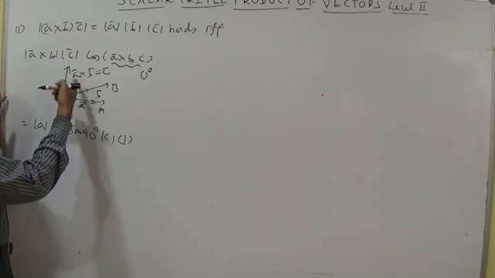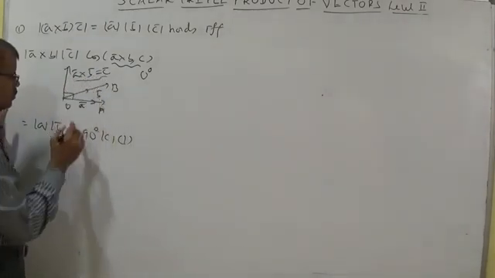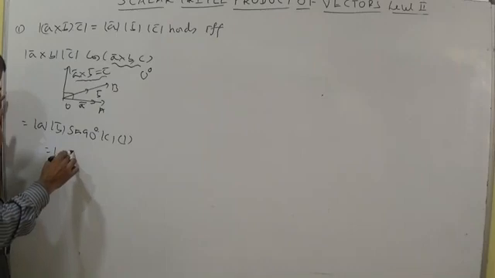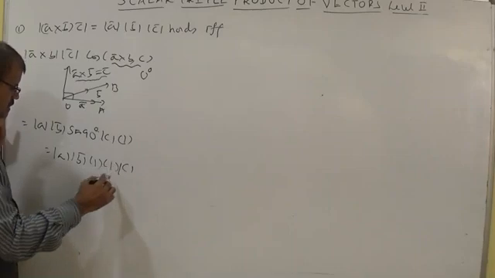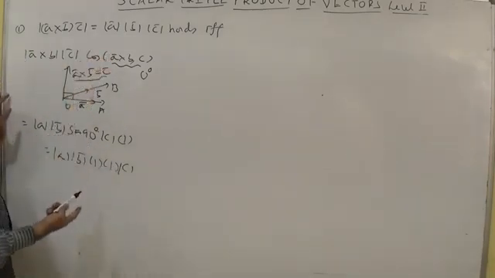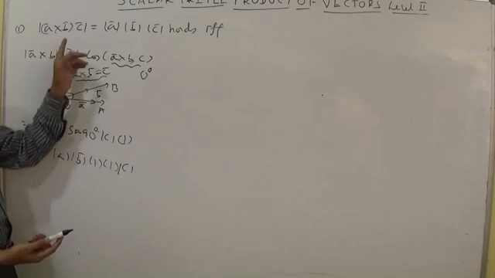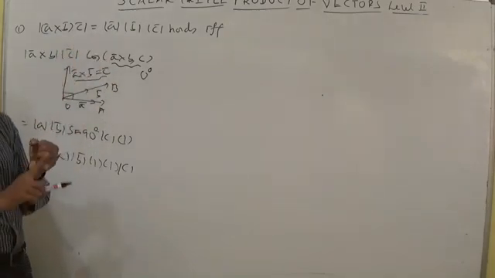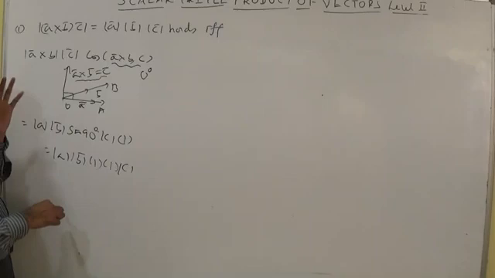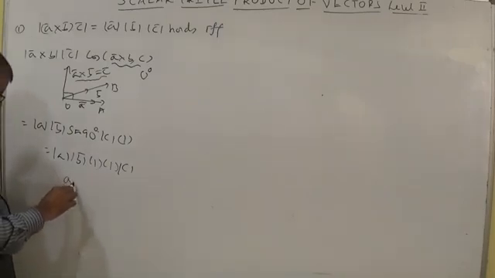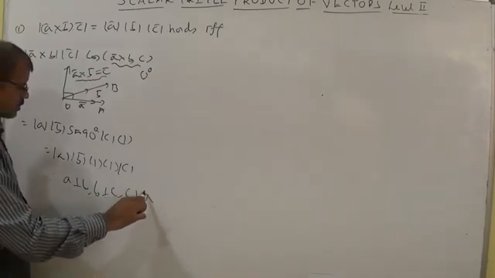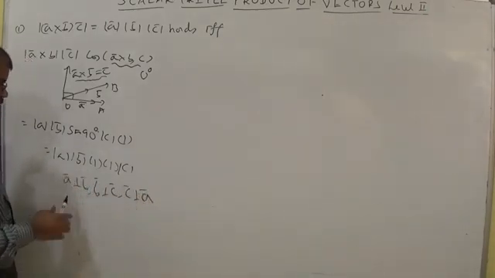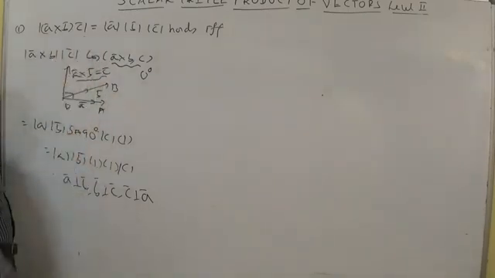Whenever C is perpendicular to both A and B, mod A bar into mod B bar into sin 90 gives value 1. This is also C. So when we get the value, whenever the angle between A and B is 90, the angle between B and C is 90, and the angle between C and A is 90, we can say A is perpendicular to B, B perpendicular to C, C perpendicular to A. I said yesterday the concept that whenever the vectors are given like this, A, B, C are said to be mutually perpendicular vectors.